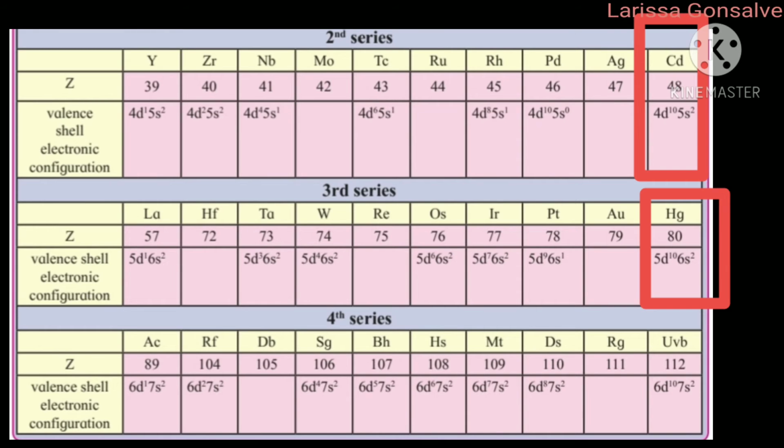Similarly for mercury, the atomic number is 80 and the electronic configuration is 5d10 6s2. So even after removing 2 electrons, which means having an oxidation state of +2, it is left with an electronic configuration of 5d10, which means it is completely filled, and this is the reason that zinc, cadmium and mercury are not considered as transition elements.